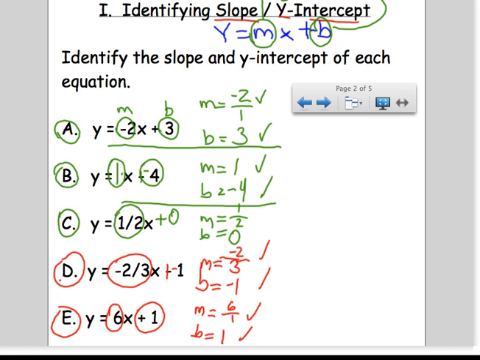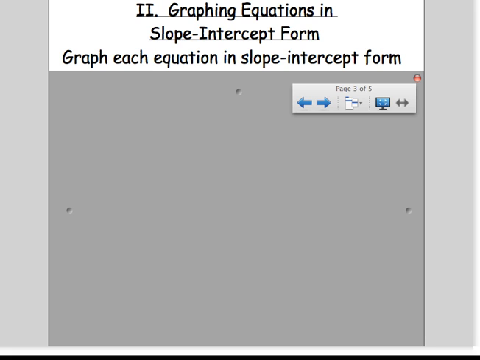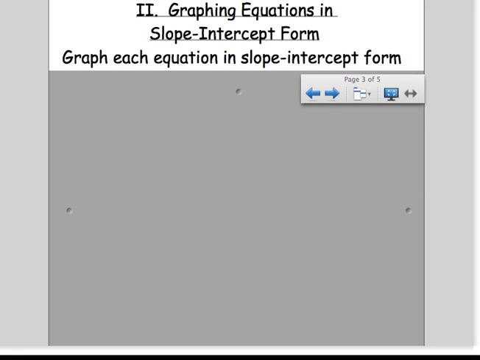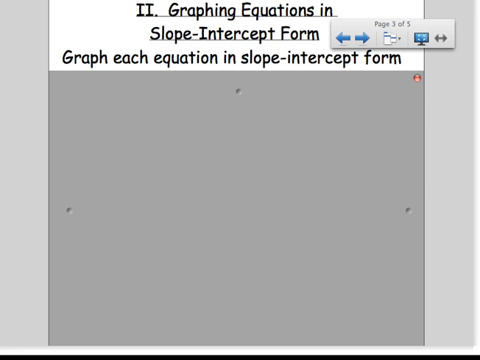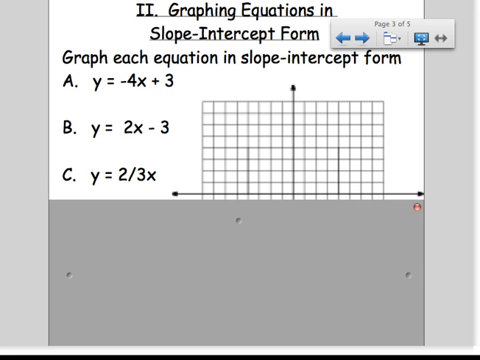So at this point, we've practiced identifying the slope and the y-intercept if I give you an equation, but the reason we do that is so that you can graph the equation. So in this next slide, I'm going to give you an equation, and we're going to graph it by first doing what we did in the last slide, which is identifying the slope and the y-intercept. So I'm just going to show you them all up front because you're going to need to see the graph.